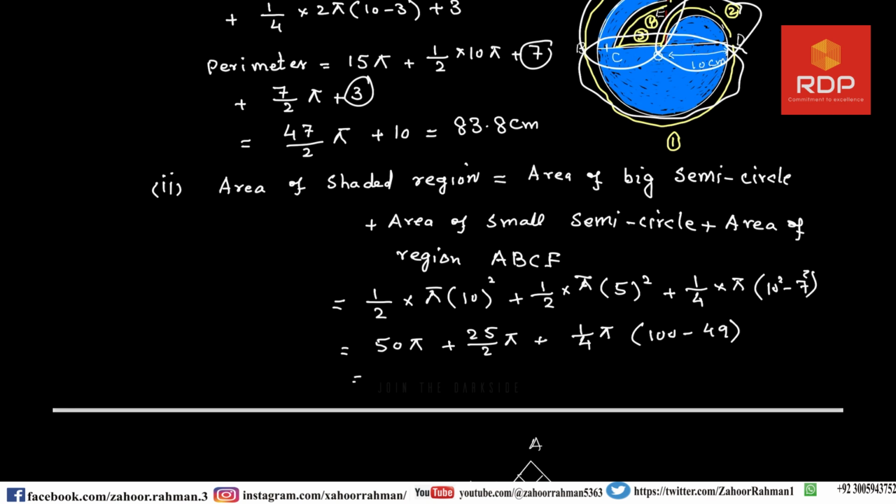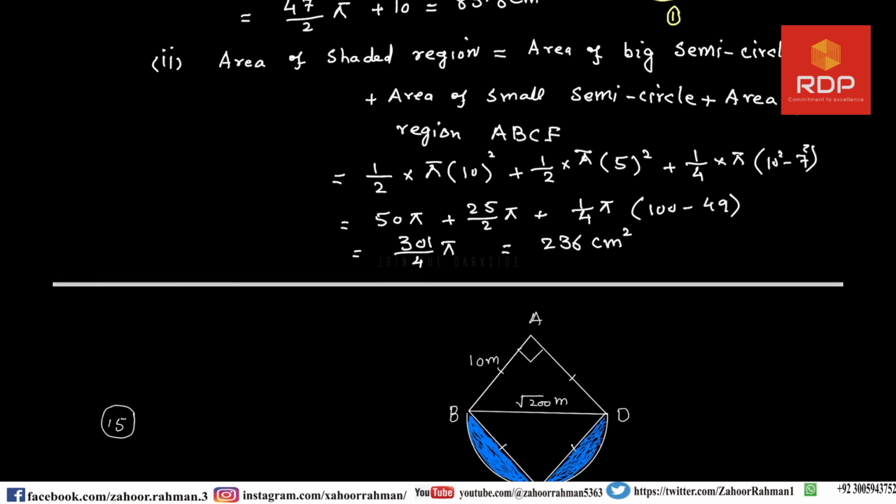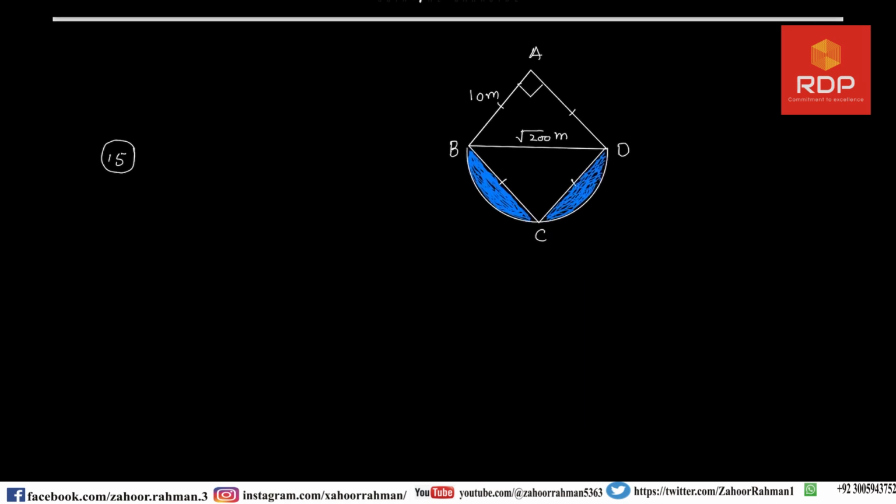And after calculation, putting the values inside this, we will get 301 divided by 4 pi, and that will be equal to 236 centimeter square. And that is the whole story of this question.